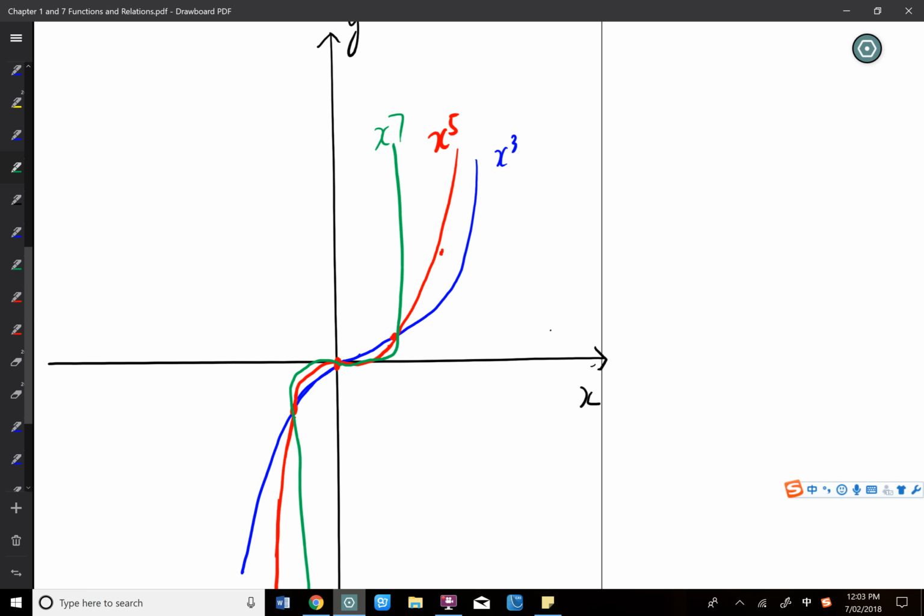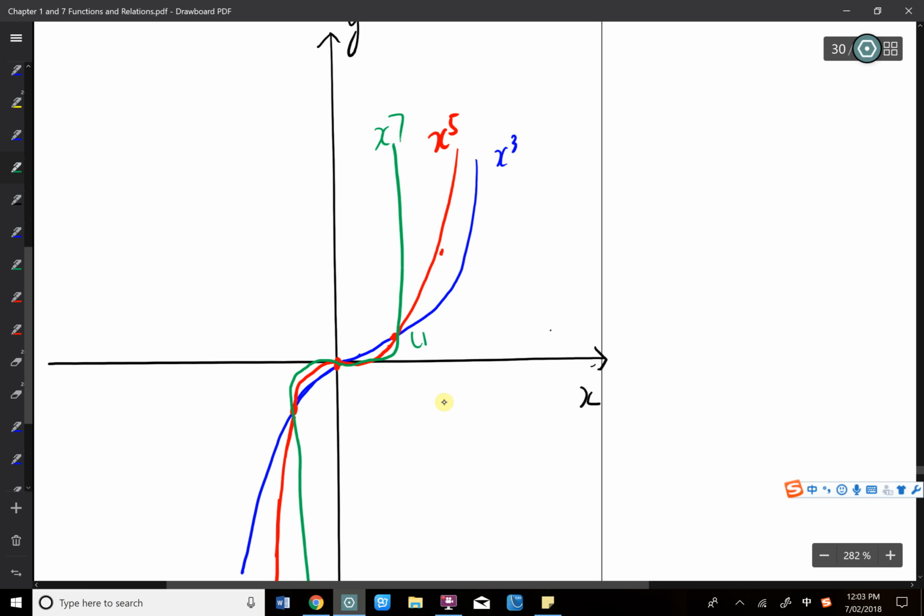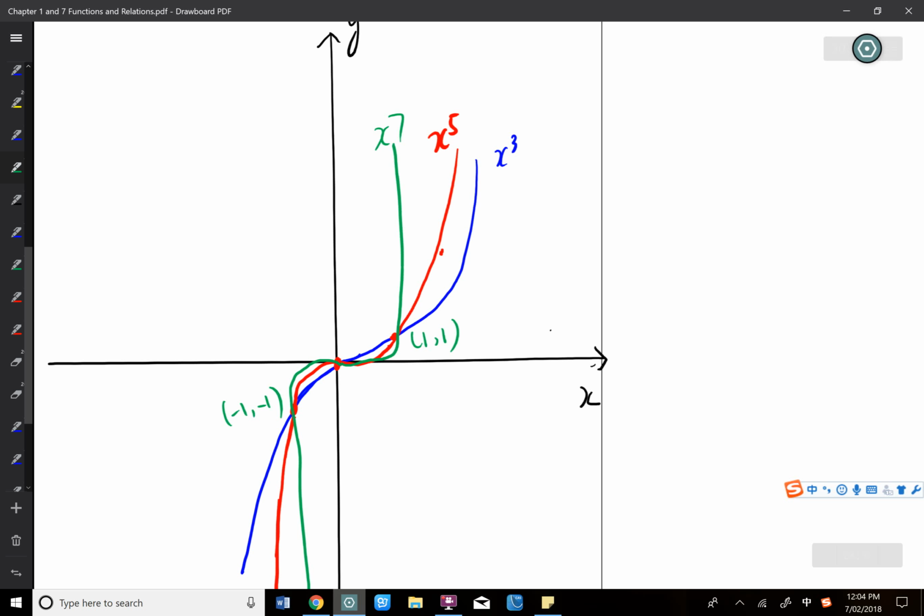The origin, similar to that one. Then for x to the power of 4 and x to the power of 2, 1, 1. What's the other one? Negative 1, 1.